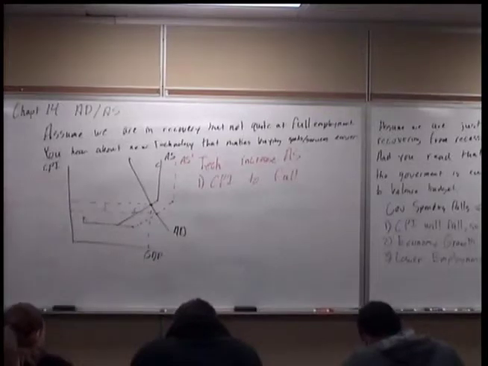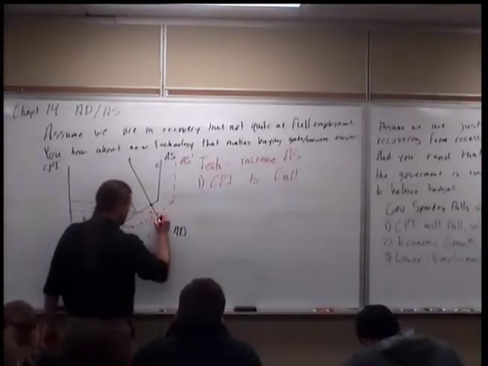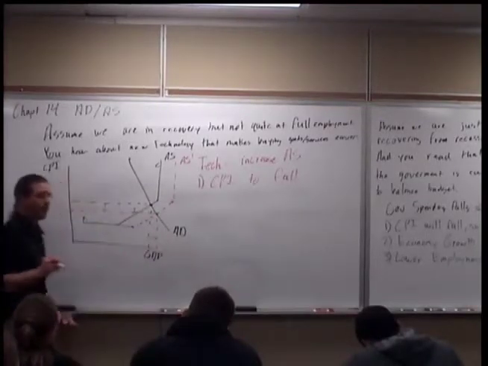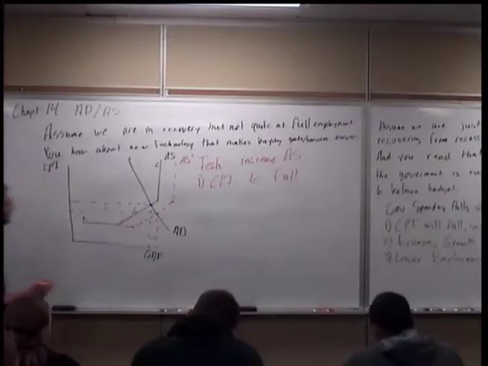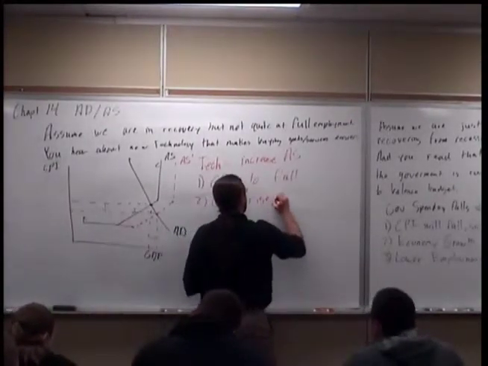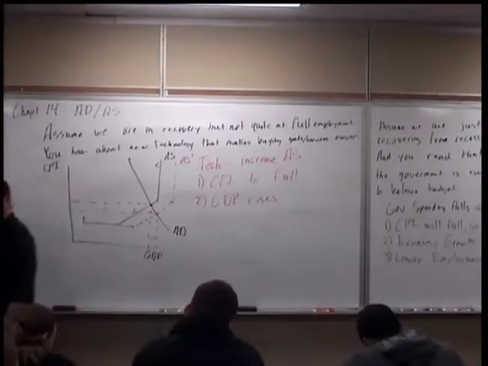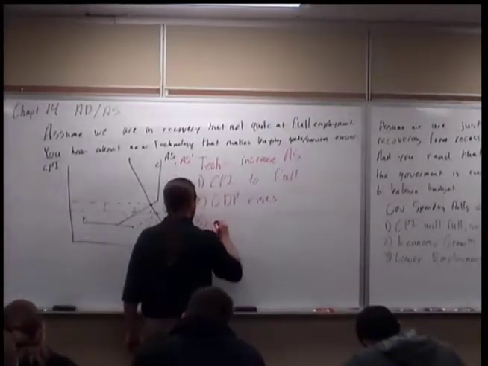We like that. And what happens to GDP? Ooh, we're buying more stuff. If we're buying more stuff, that means they've got to make more stuff. So GDP is going to be on the rise. What's happening to employment?